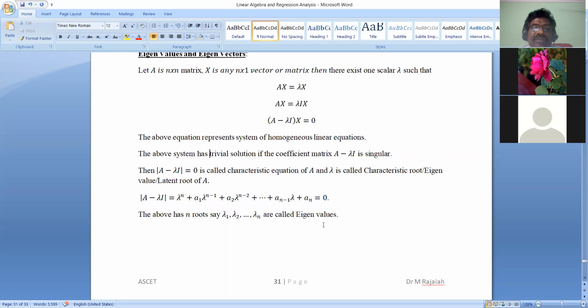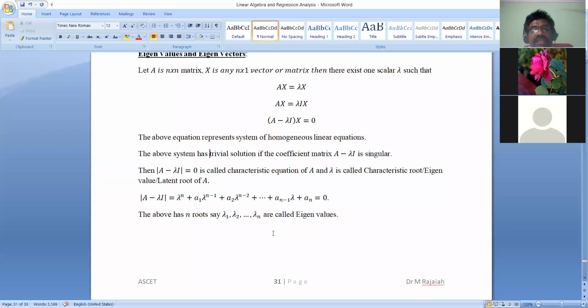Based on this concept, we solve this equation by using the trial and error method, a substitution method, or the theory of equations. From that, we get n values, lambda 1, lambda 2, and so on up to lambda n, which are the eigenvalues.